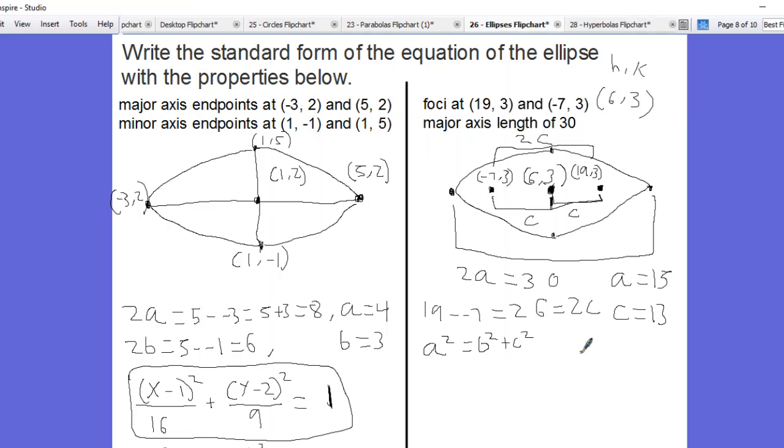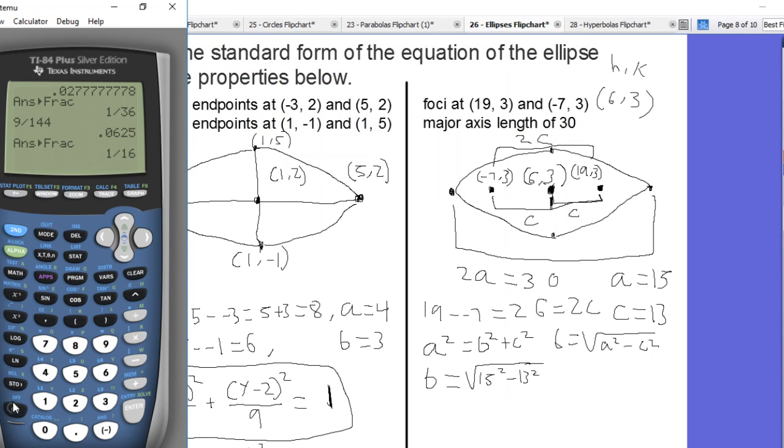We're solving for b, so b is equal to the square root of a squared minus c squared, which is the square root of 15 squared minus 13 squared. That's going to be 7.483.